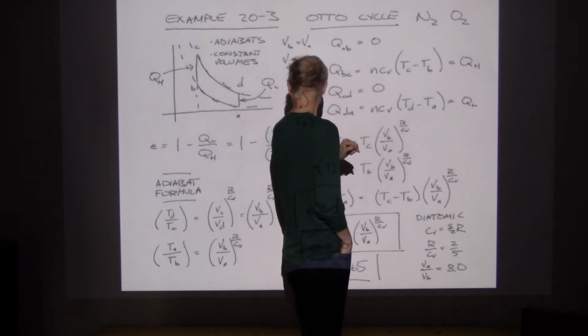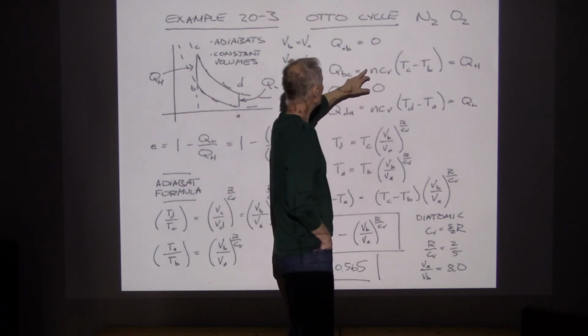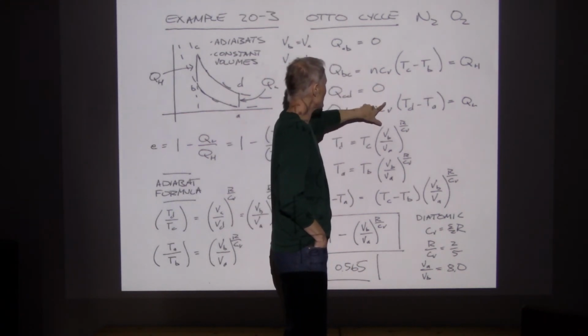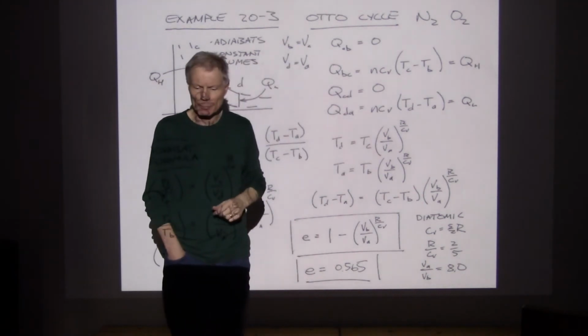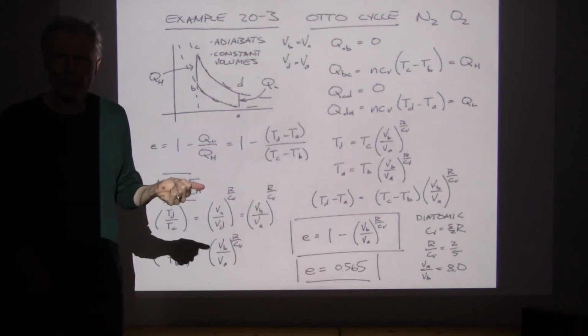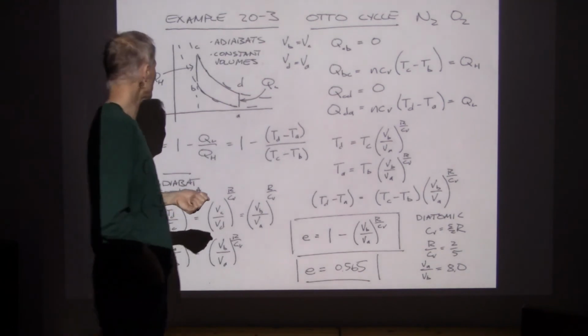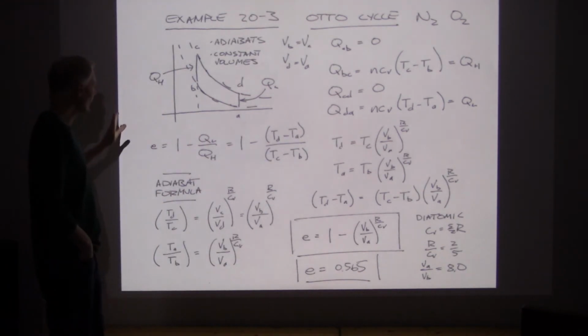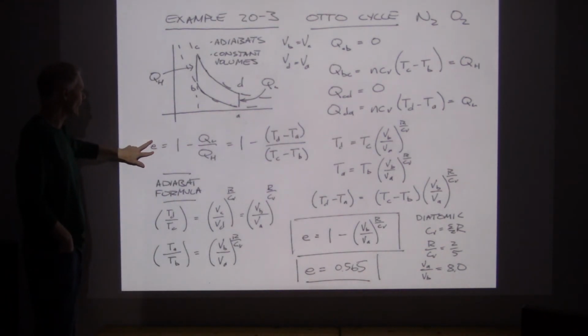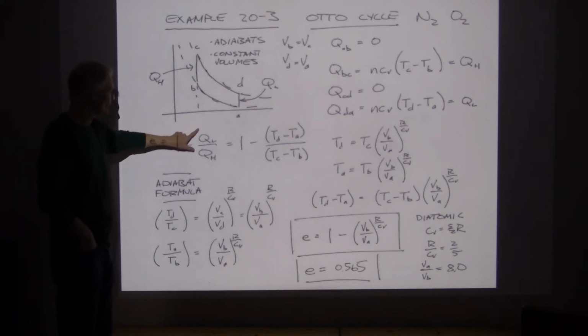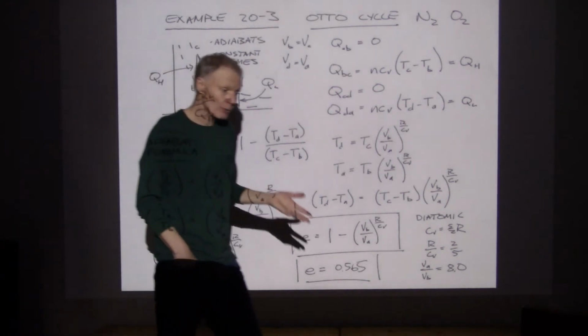But the number of moles is the same, and the molar specific heats are the same. And these are both being written down, so they'll be positive quantities. So what I can do is this. I can say, okay, fine, the efficiency for this cycle is going to be 1 minus QL over QH.